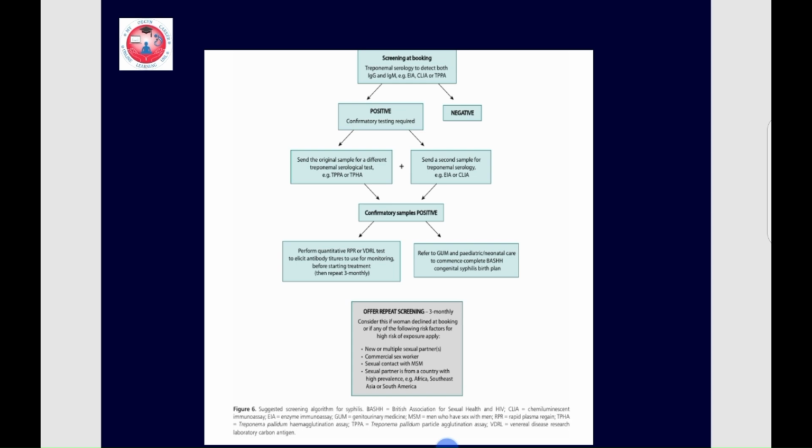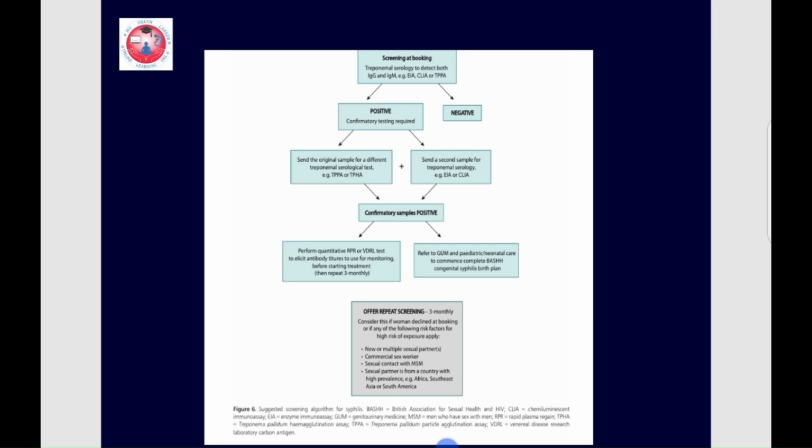So first we did the EIA or CLIA and it was positive, on the same sample we did the TPPA, and on a fresh sample we performed the first test again. If both these tests give a positive result, then we confirm that this is syphilis. That is the confirmatory test, the confirmation of the diagnosis. Okay, so clear this much.